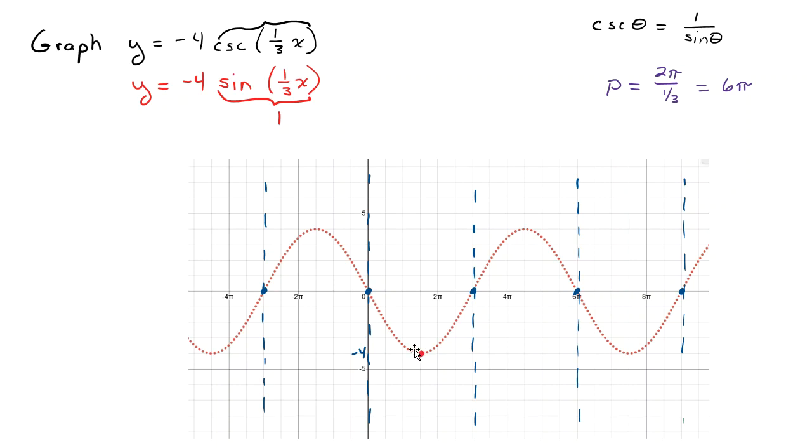So at whatever value of x this is, the sine of 1/3 x had to be 1 to get multiplied by the -4 to give this output. So what's the reciprocal of the sine of 1/3 x? If the output's 1, the reciprocal of 1 is 1. So at that same value of x, my output for my cosecant is also -4. It's also going to be right there.